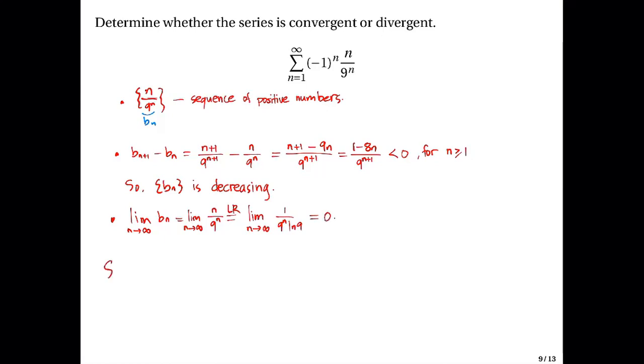Therefore, by AST, alternating series test, the series negative 1 to the n over 9 to the n is convergent. Okay? Question?